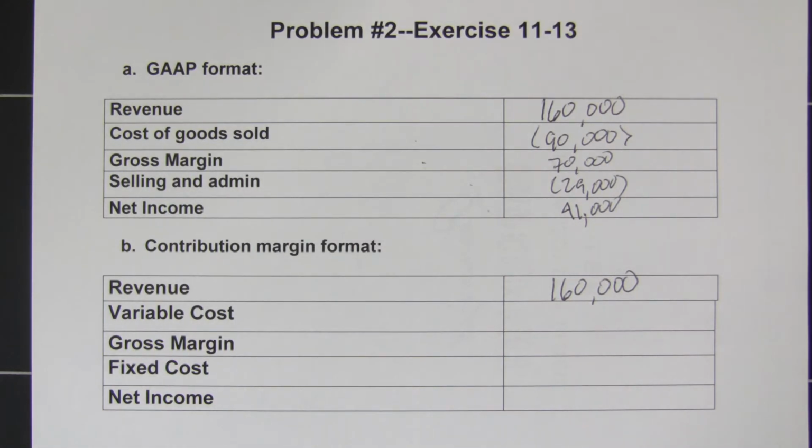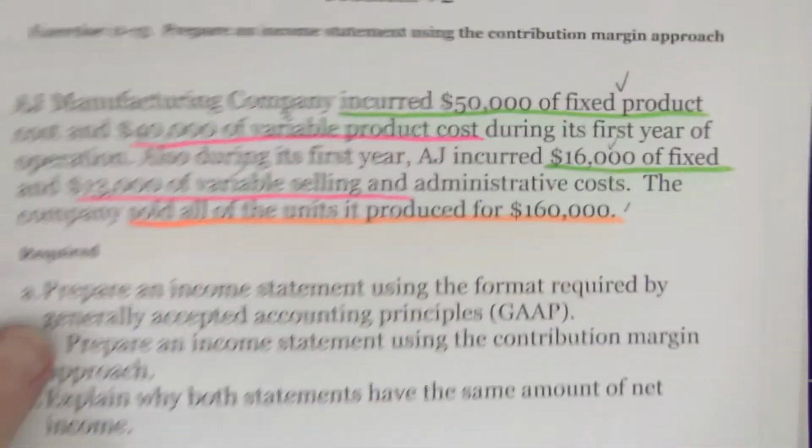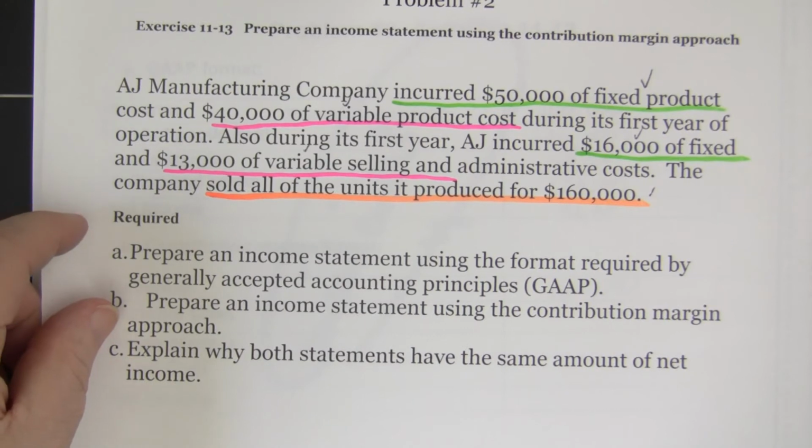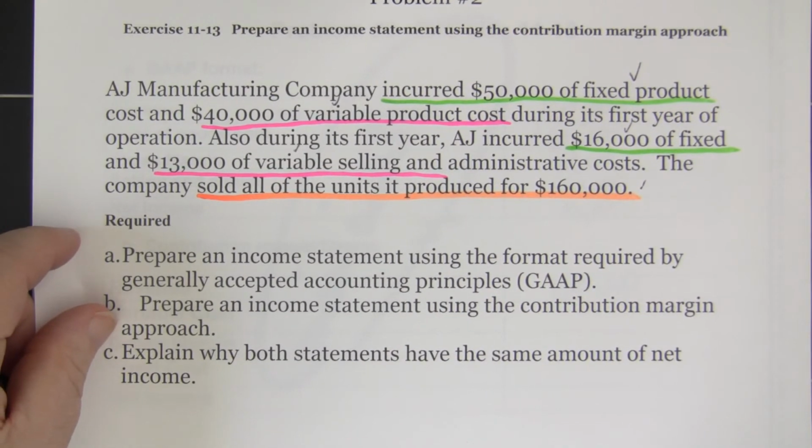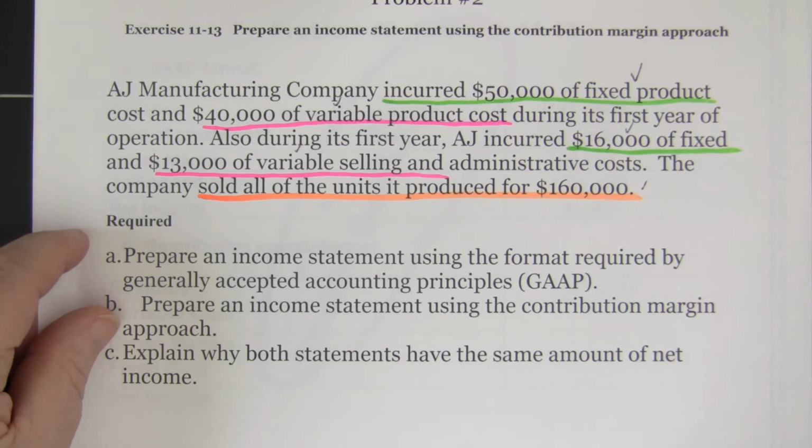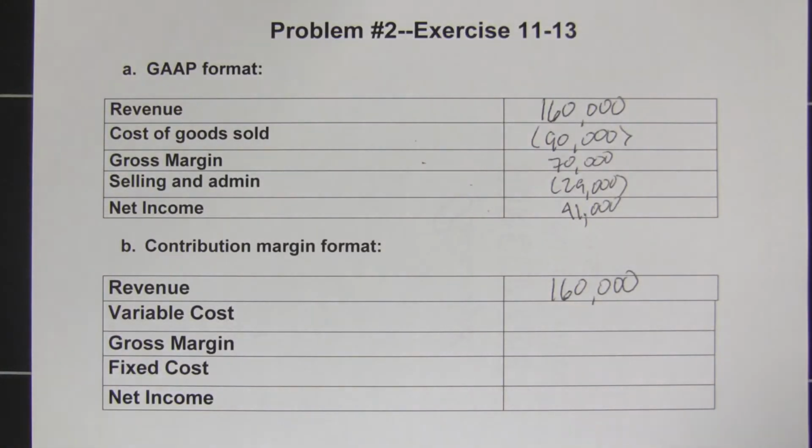Contribution margin says, no, let's look at the way the costs behave. How do the costs act? They're the costs that I've underlined in pink. So we have $40,000 variable product cost and $13,000 variable selling cost.